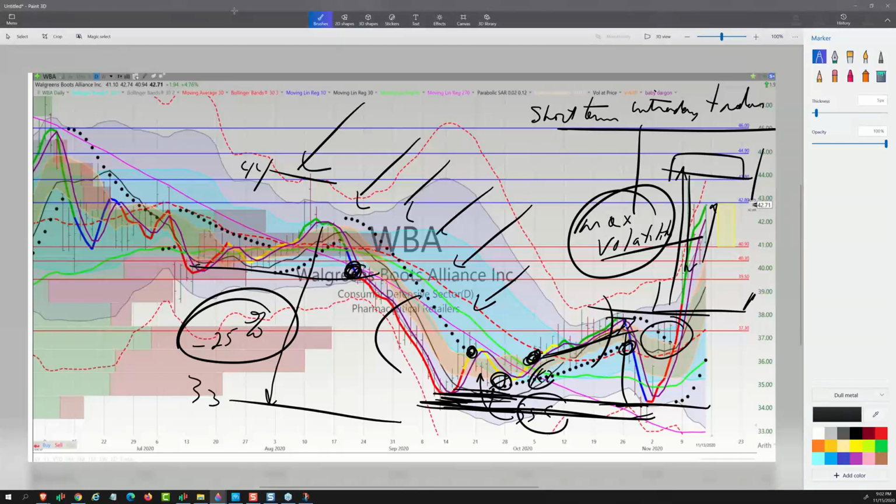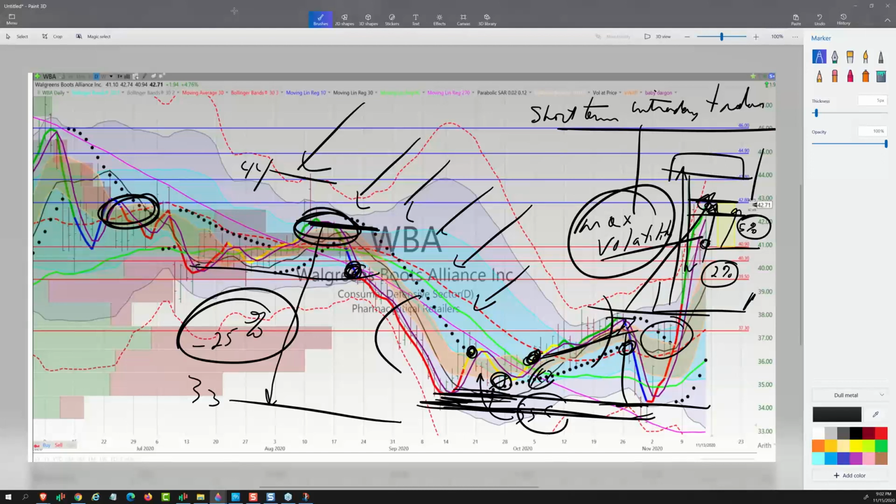Because look at the directionality. It went from 41 to 43 in a straight shot, and that's a 5% intraday move when the market itself is only giving you a 2% average range. So this thing is 2.5 times the volatility of the market, and it's combined with very directional, and it closed near the very top of a breakout move, which is already above these key price levels.